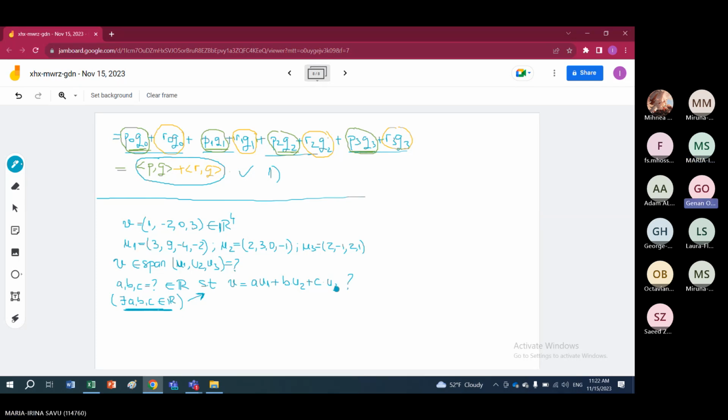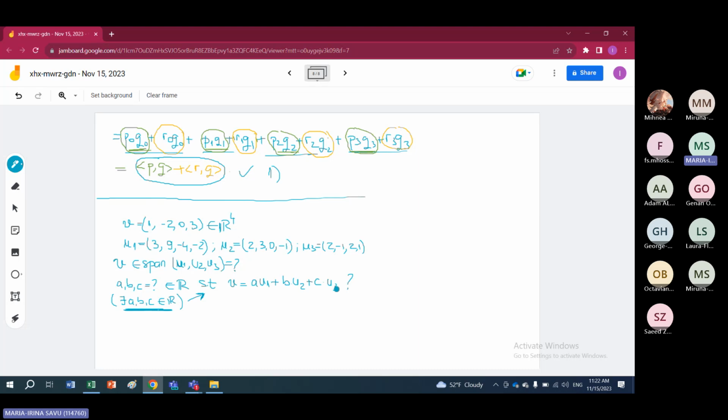Okay, but the system needs only to be compatible, so it can have infinitely many solutions or only one. If you have 3 vectors in R4, they cannot be a basis because the dimension of R4 is 4. You could have more possible solutions, maybe.